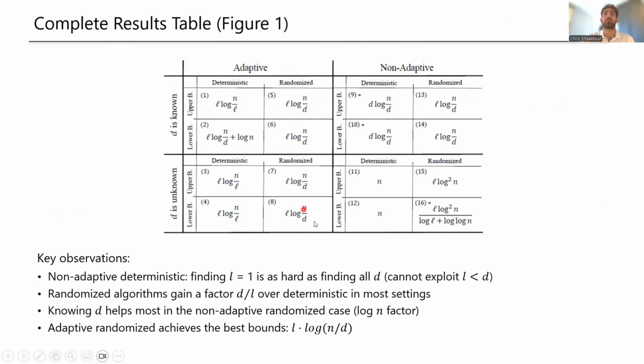One more thing is that also in the adaptive randomized, whether D is known or unknown, we get the same results. So it doesn't really matter whether D is known or not known.